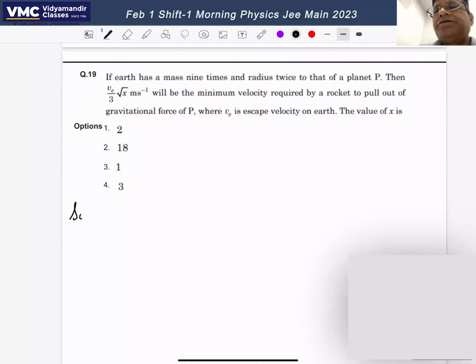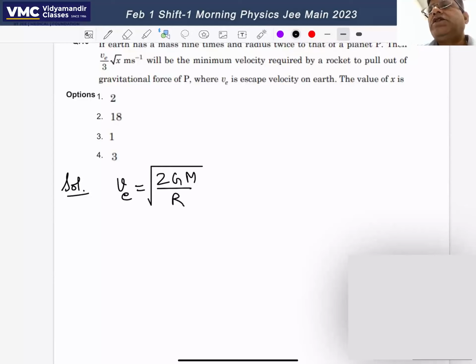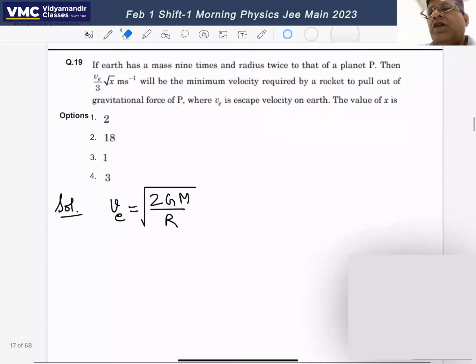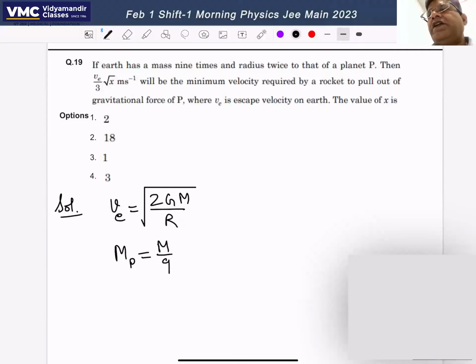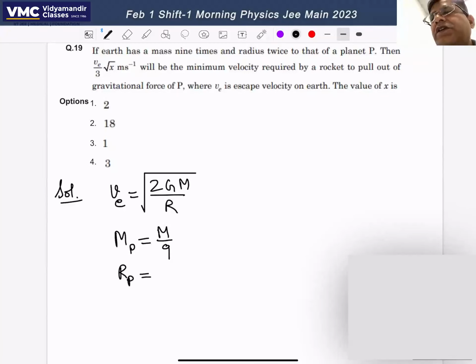So in this question, the escape velocity of Earth has the formula root of 2GM by radius of Earth, where G is the gravitational constant and M is the mass of Earth. Now the mass of planet is M by 9, that is, the mass of Earth divided by 9, and the radius of planet is half of the radius of Earth.